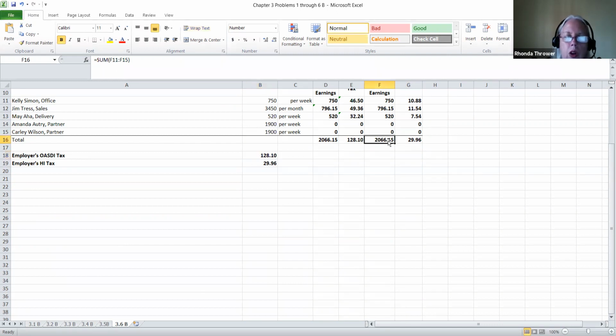The total earnings times 1.45% would give you the amount that the employer has to pay. Remember, the employer has to match the employee's amount for FICA taxes.